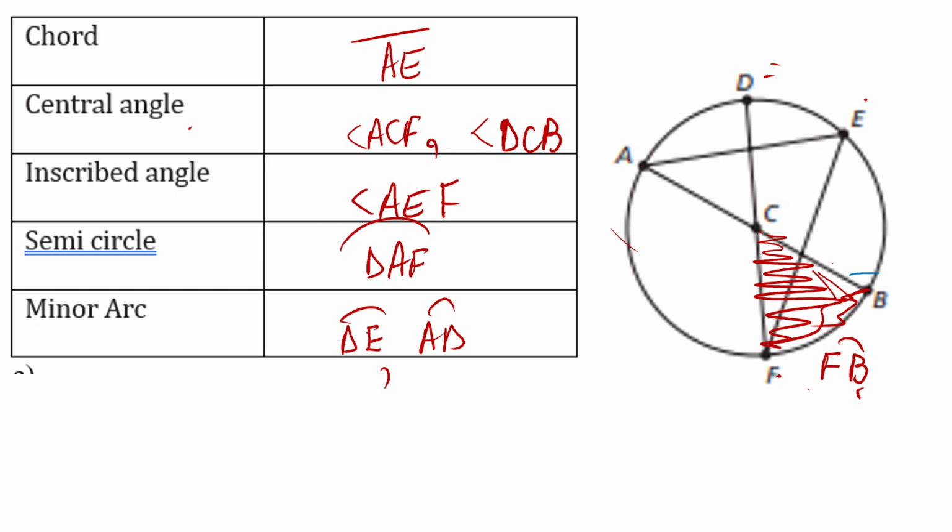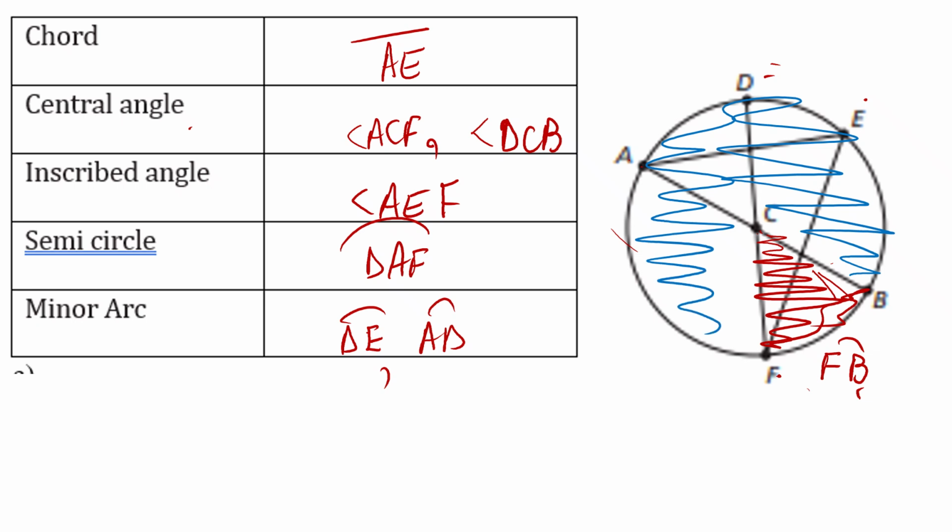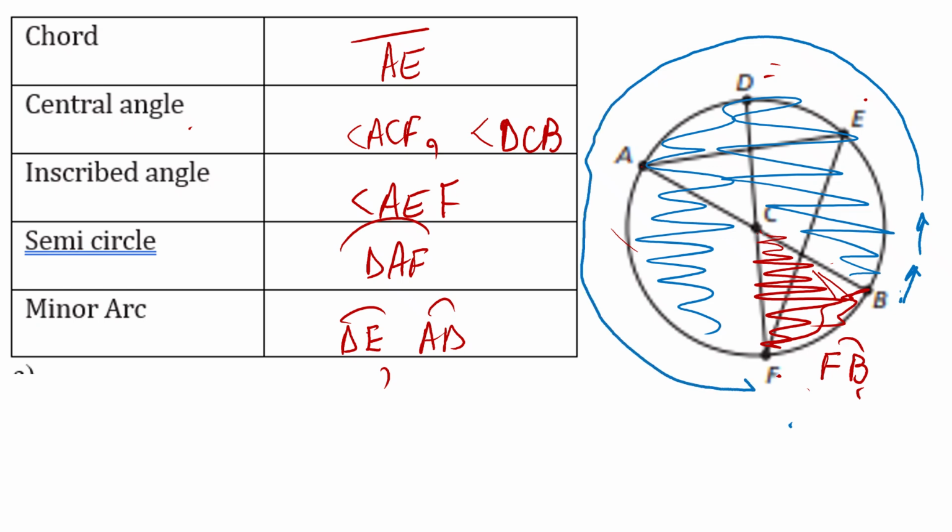Whatever the whole circle is, that is my major arc. But I have to go outside from B to F. Yani I have to walk from B and reach F from the outer side of the circle.